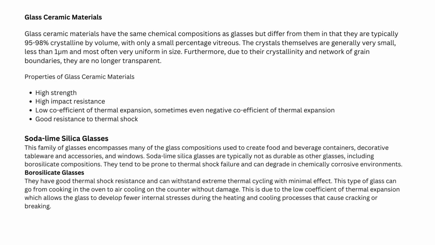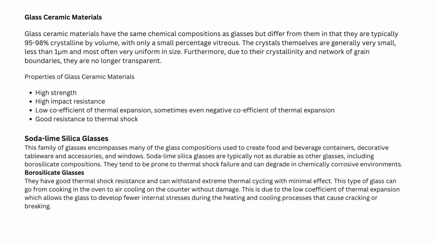Glass ceramic materials have the same chemical composition as glasses, but differ from them in that they are typically 98% crystalline by volume with only a small percentage of vitreous phase. Properties are high strength, high impact resistance, low coefficient of thermal expansion, and good resistance to thermal shock. Soda-lime silica glasses and borosilicate glasses are examples.